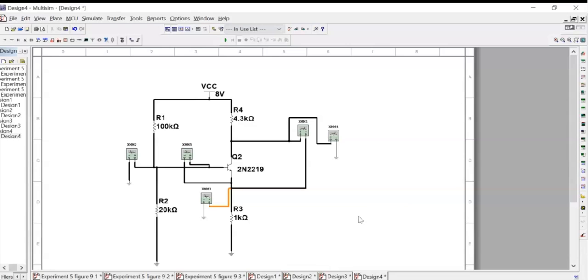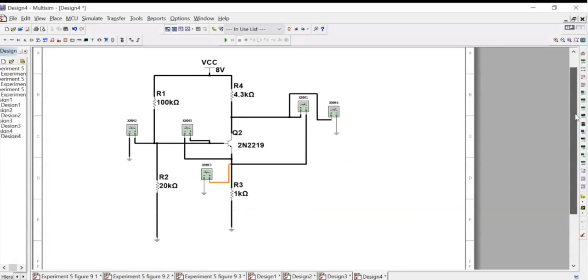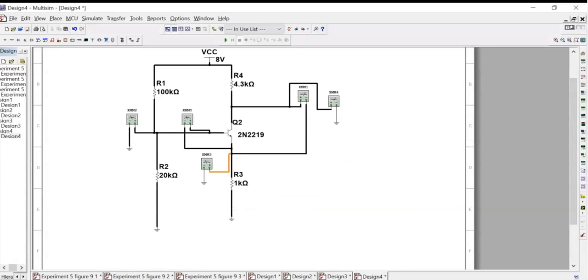Then the values of 100K, 20K, 4.3K, and 1K. So this is just measuring all the 5 values, then we will record all the data. Just that one.